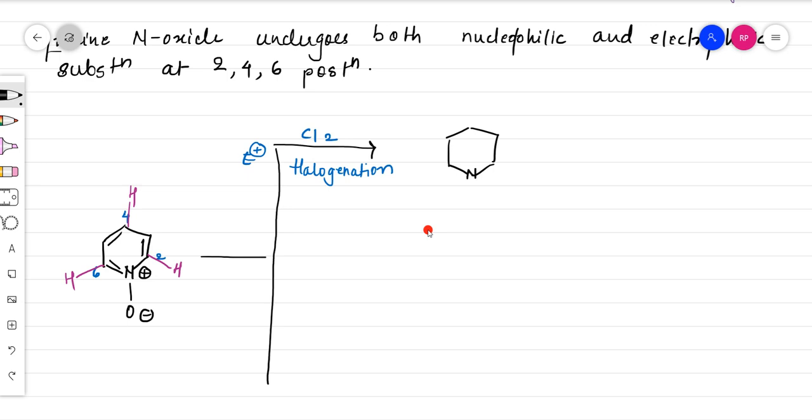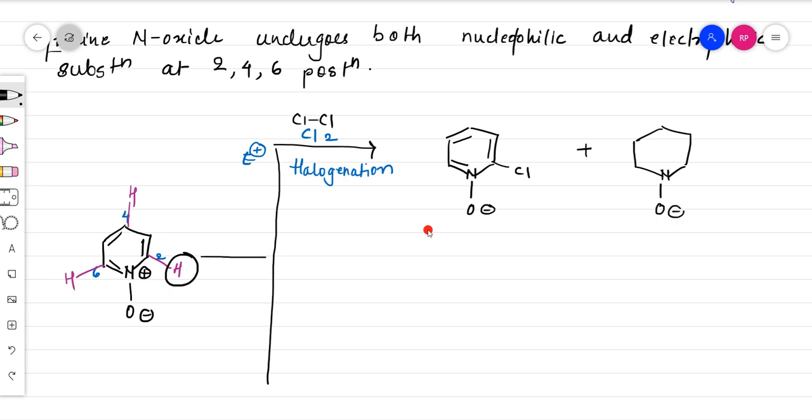How will this nitrogen N-oxide look? Yes, Cl will get added. So this will be Cl over here, so this H and Cl. This undergoes electrophilic substitution very easily. So this you will get, and you generally get a mixture.